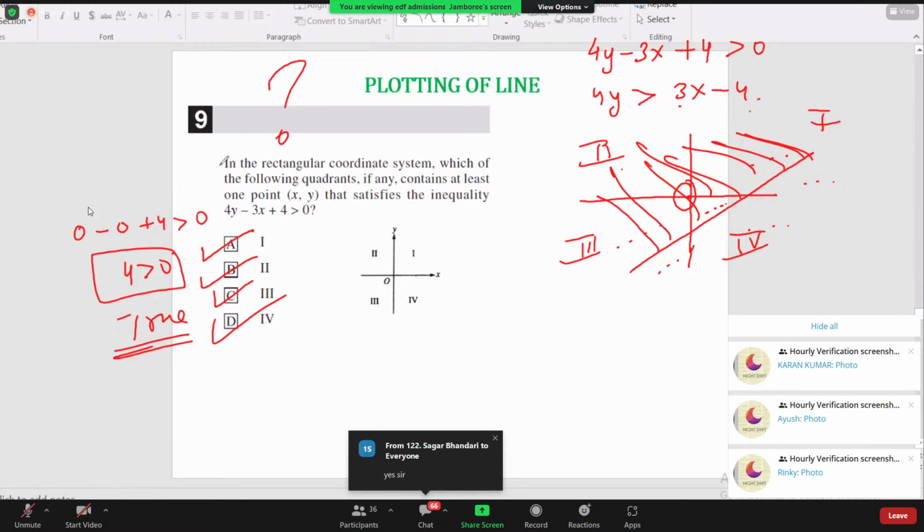Great then. 15 seconds to note down the idea and then we'll move on.